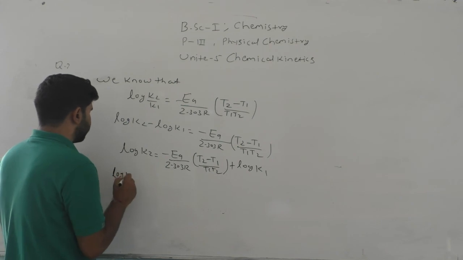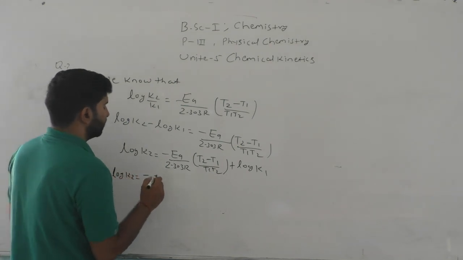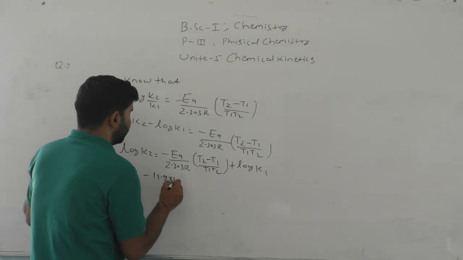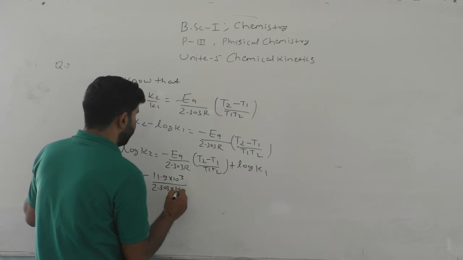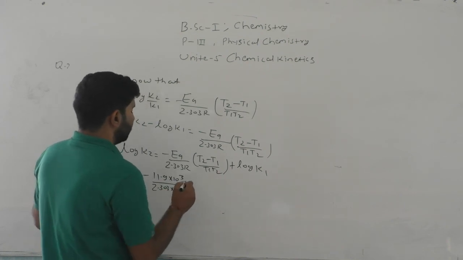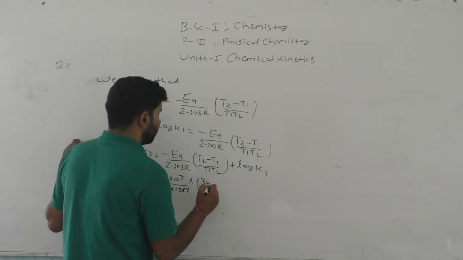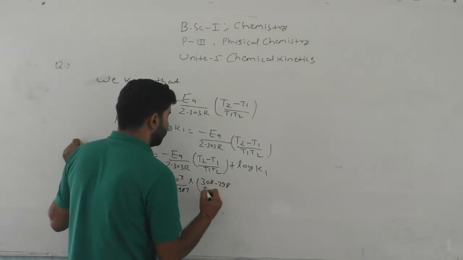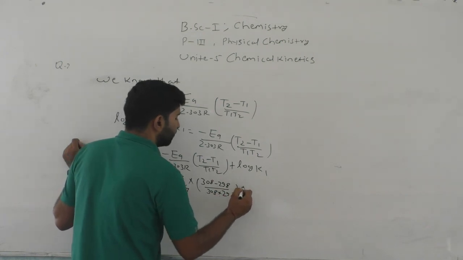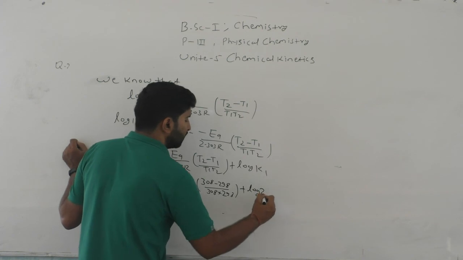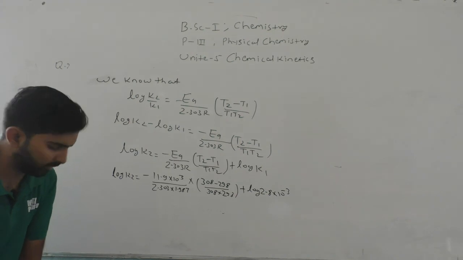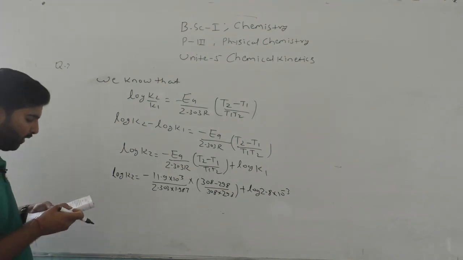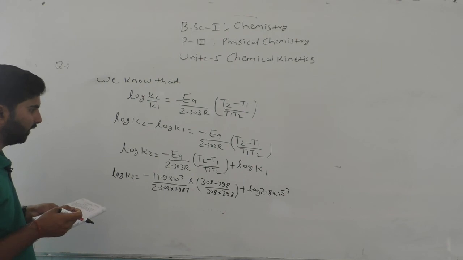Log K2 equals to minus 11.9 × 10^3 upon 2.303 × 1.987 multiply 308 minus 298 upon 308 multiply 298 plus log 2.8 × 10^-3.